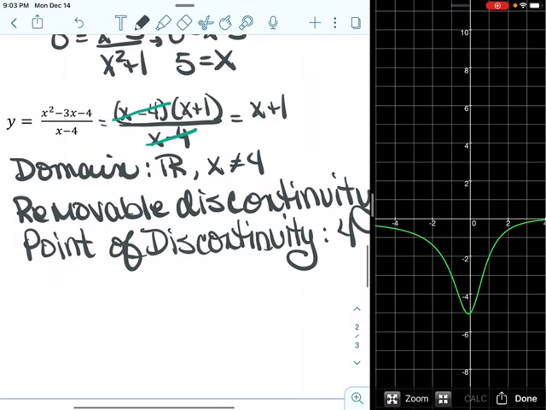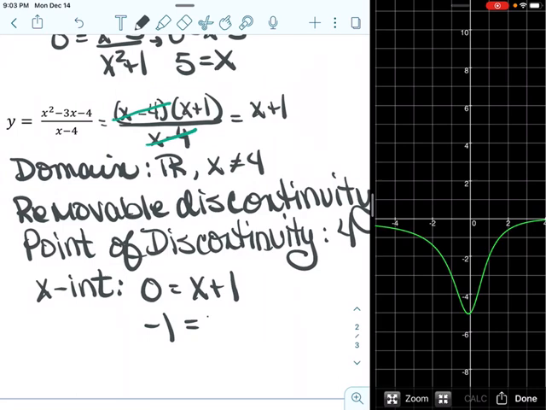And our x-intercept, we're going to go by the reduced form here. And we're going to talk a lot more about this tomorrow.